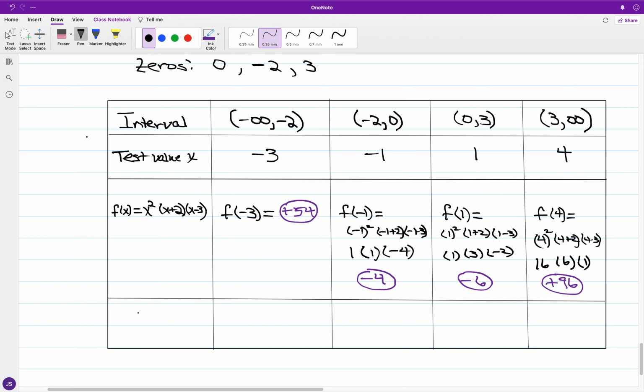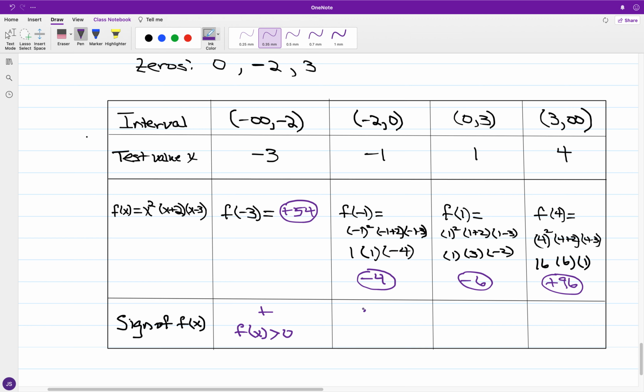And for what we have in the case of the sign of f of x, anything we plug in less than -2 for the input, the output is going to be positive. So f of x is greater than 0.